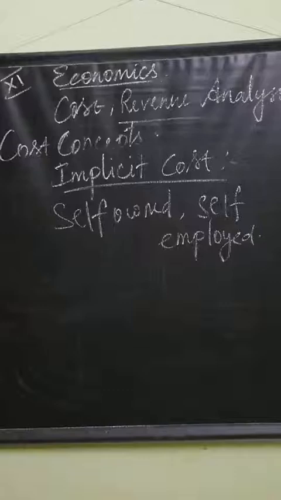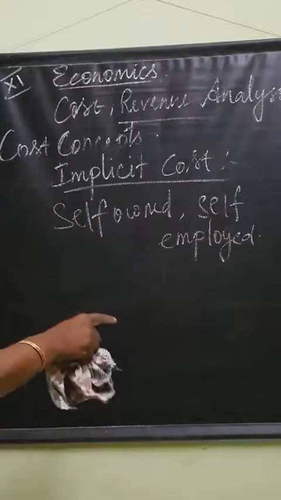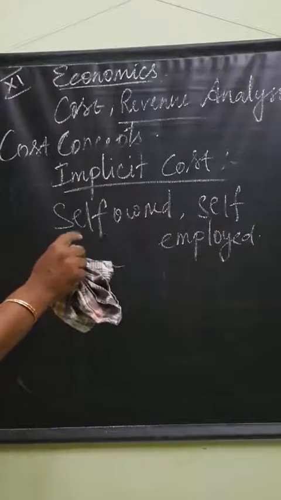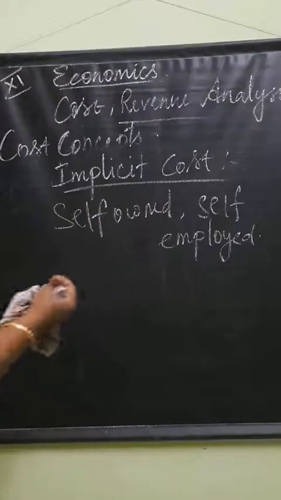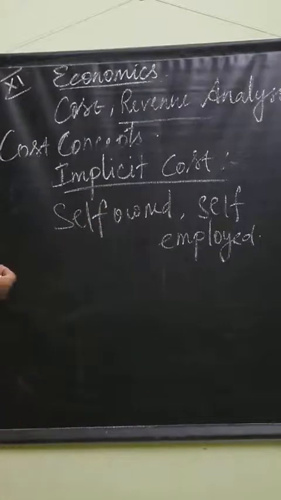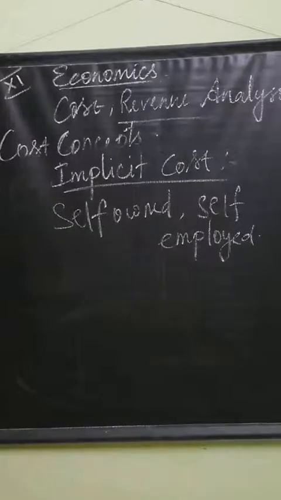That type of cost is called implicit. Though they are not taking anything as rent or salary, it should be included, isn't it? However, they have to take some amount as salary for their other consumptions. So the value of their own services is imputed and considered for preparing the profit or loss.